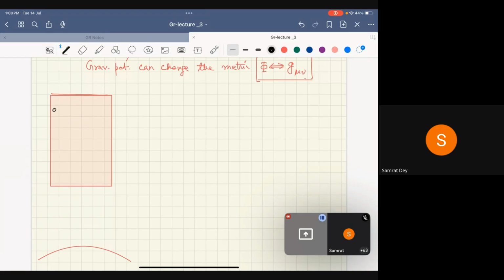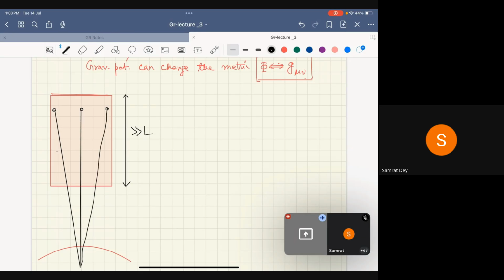If I have three different balls which are falling, suppose the length of the lift is much greater than capital L, over which gravitational field can change. If I am in such a lift and start to drop the balls, everything is going to be attracted towards the center of the earth, so the trajectories of all these balls will be coming closer to each other.